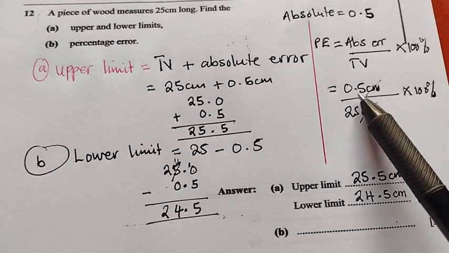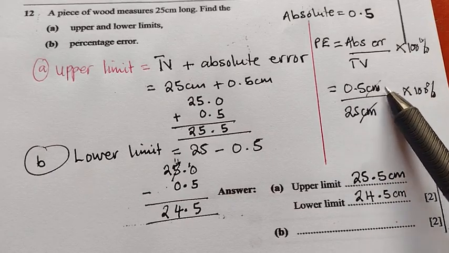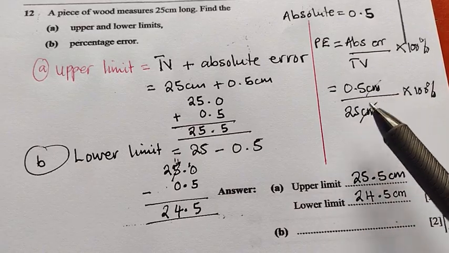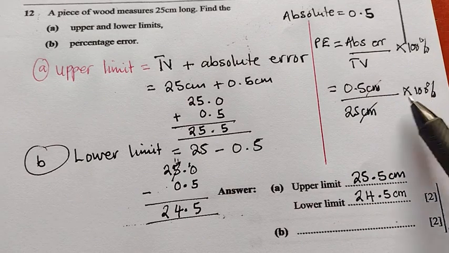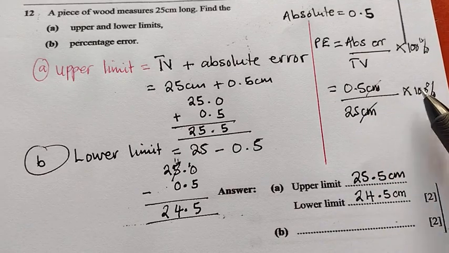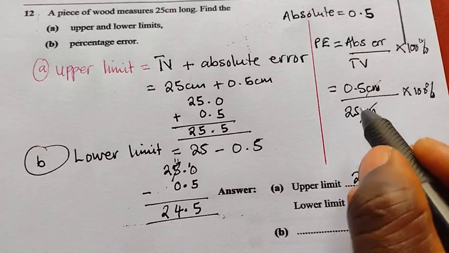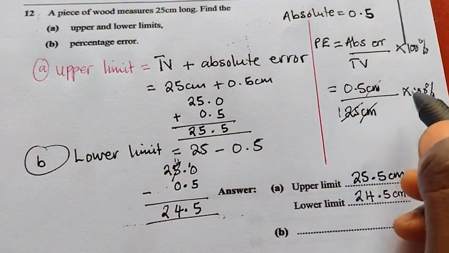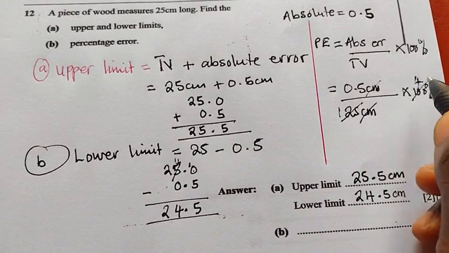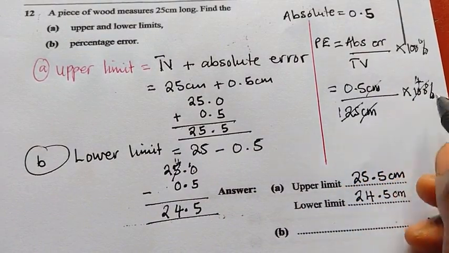You can multiply 0.5 by 10, and the denominator by 10, to get rid of the decimal number. Or you check in the diagonals. 25 can go into 100 without giving any remainder. So 25 becomes 1, and 100 becomes 4. We are remaining with 0.5 times 4%.